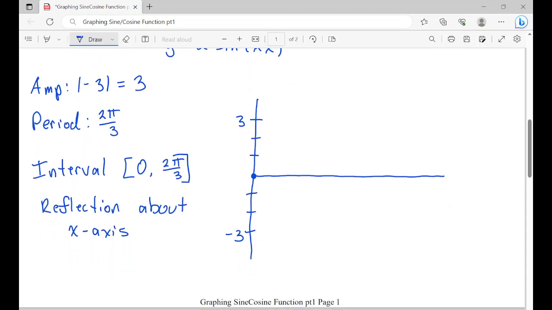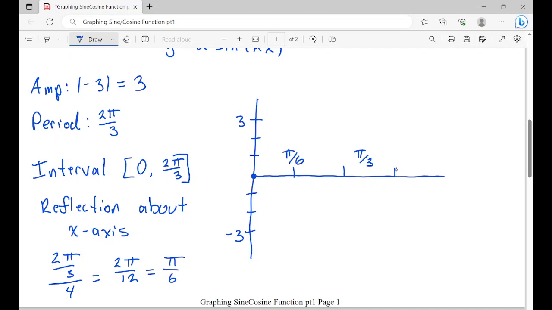Again, I'm going to take my period, which is 2 pi over 3, and divide it by 4. So 2 pi over 3 divided by 4 is just going to give me 2 pi over 12, which is pi over 6. So I'm going to go in increments of pi over 6, starting at 0. So here is going to be my pi over 6. Then here is going to be my pi over 3.